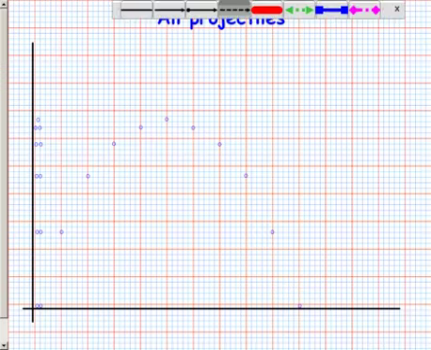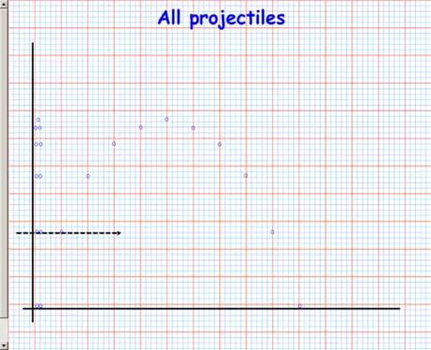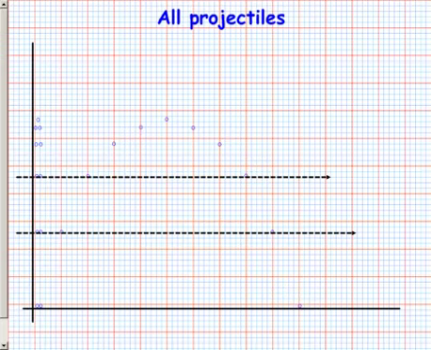So let's put some of those dotted lines on here again. All right? Let's say we launch it and we take a picture, like, I don't know, 1/10 of a second later, as that ball's going up, they're both at the same height because gravity is slowing them down exactly the same. All right? At maybe 2/10 of a second later, again, they're at exactly the same height. 3/10 of a second, they're slowing down, but they're slowing down exactly the same.